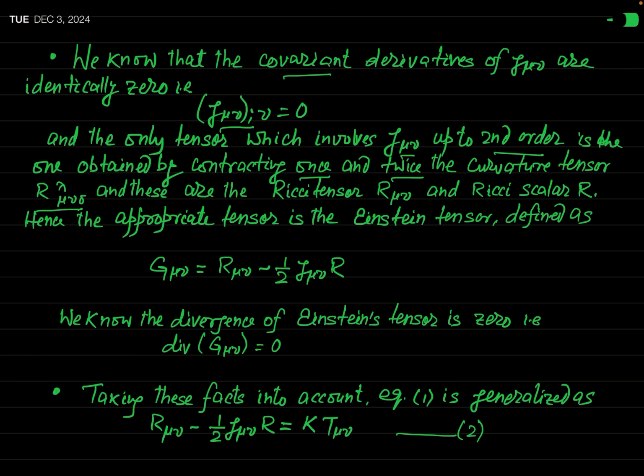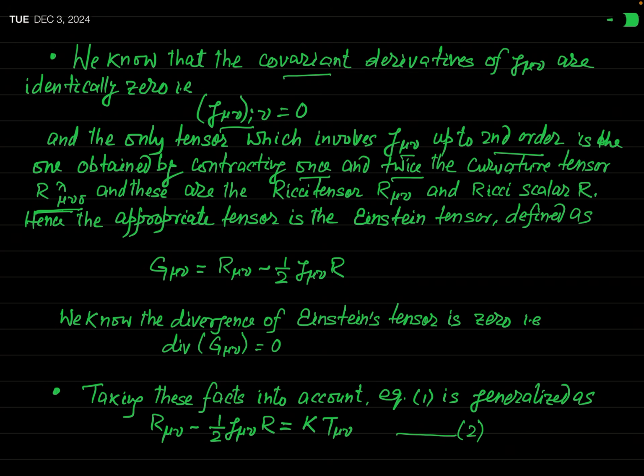If you contract this curvature tensor, as you have already learned, after the first contraction the curvature tensor is transformed into the Ricci tensor. If we take the trace of the Ricci tensor, it is converted into the Ricci scalar curvature.